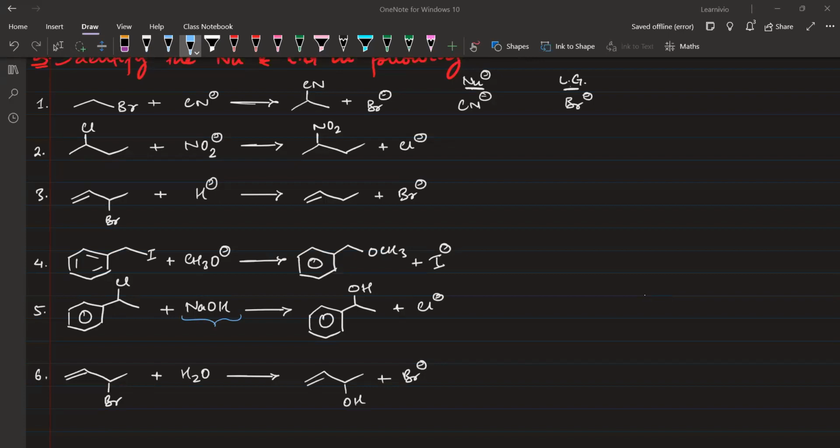So NaOH is not present as NaOH, it is present as Na positive and OH negative, right? Make sense? Please tell me, Rishita and Harsha.